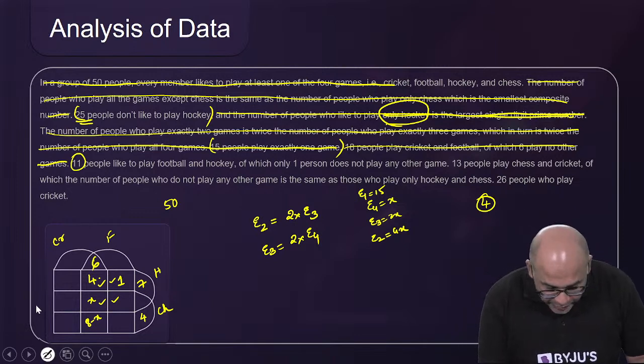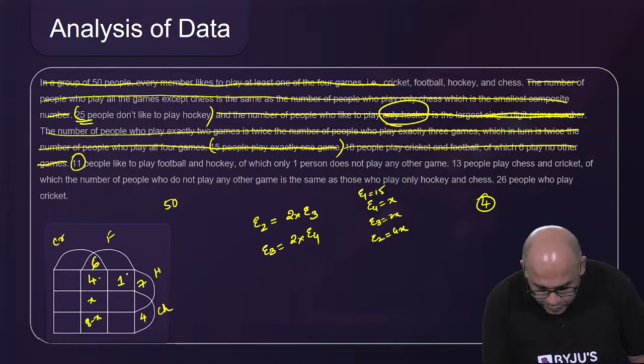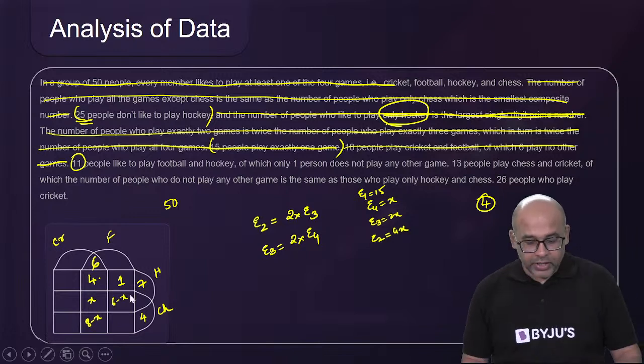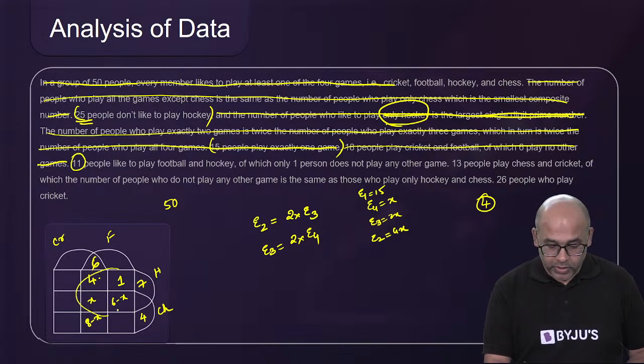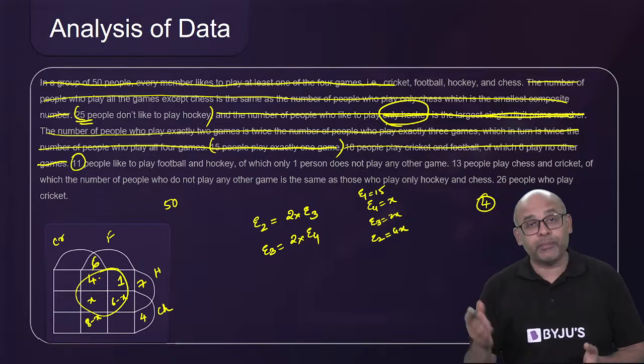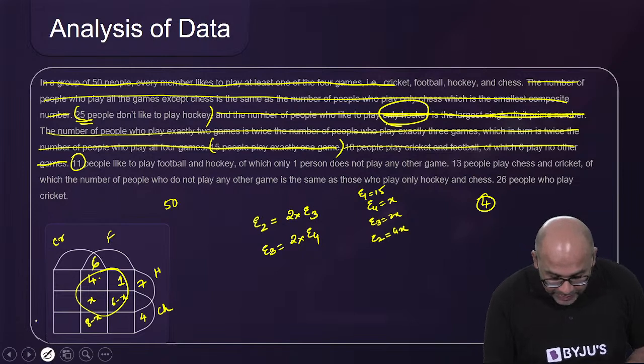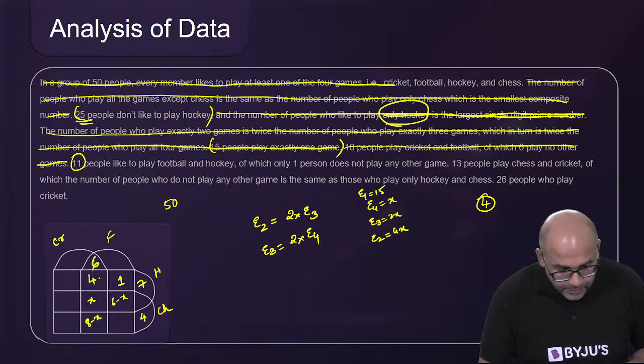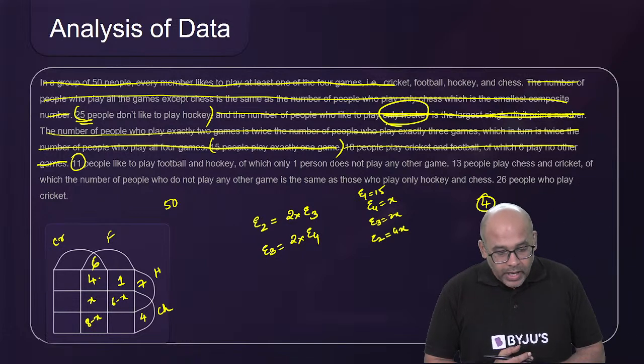So 5 is already gone, and this should be 6 minus x, so that if you add these 4 boxes, you get a total of 11. Correct? 6 plus 4 is 10, 10 plus 1 is 11; minus x plus x will get cancelled. So let me erase that circle. We don't need it. I've just mentioned that. Okay, then this is done.